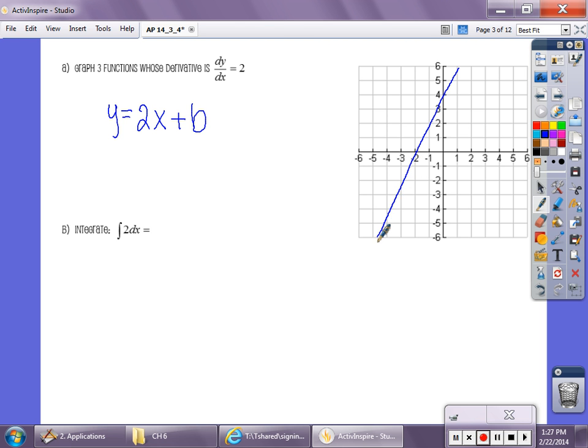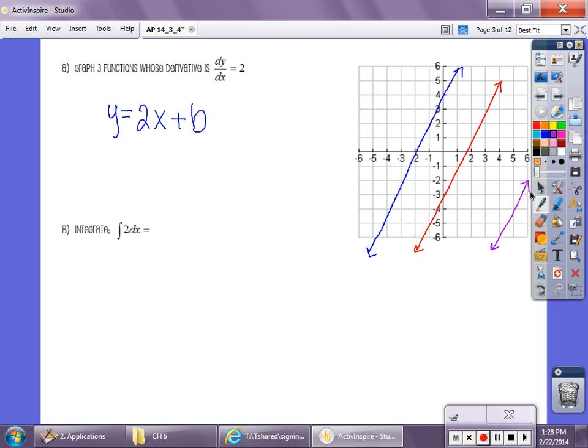And obviously you don't need to have the same 3 lines, but I wanted you to see that if I just give you the derivative, it doesn't give you the equation. It actually gives you a bunch of equations that are possible to have that derivative. And then the last one I'll just do over here. And there's actually an infinite number of graphs that you can create that have a derivative of 2.